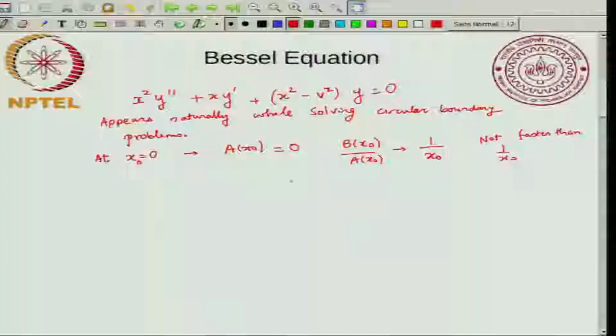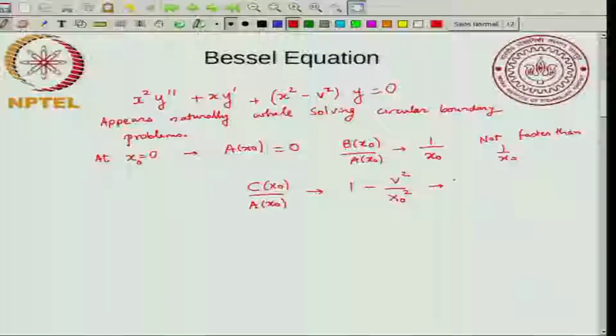Similarly, you have c of x0 divided by a of x0, which goes as 1 minus v squared over x0 squared. Now, the leading term, as x0 goes to 0, the second term will become very large.